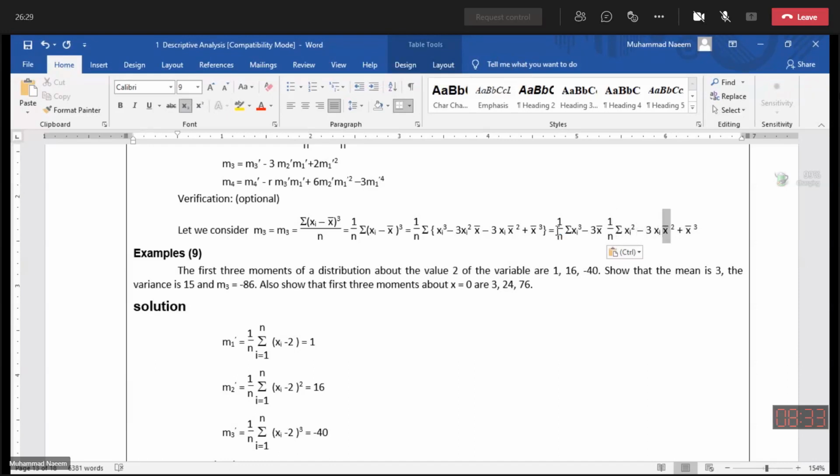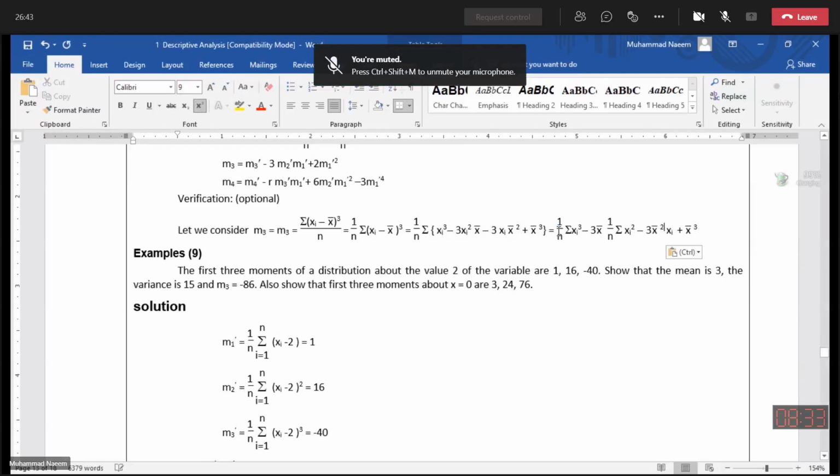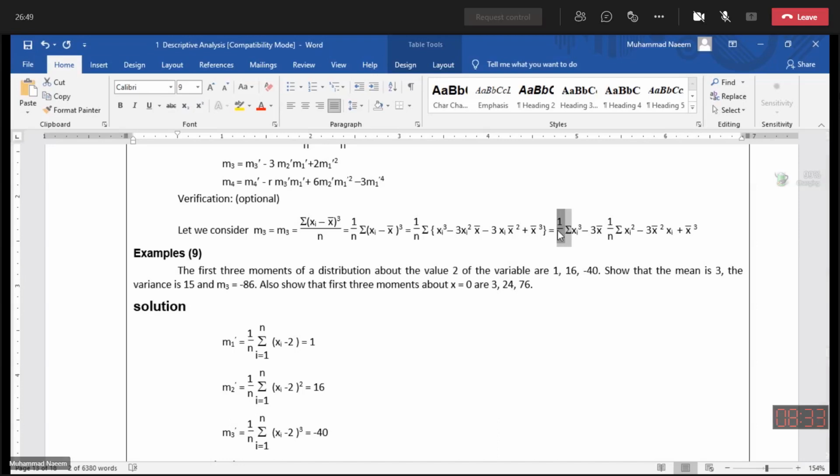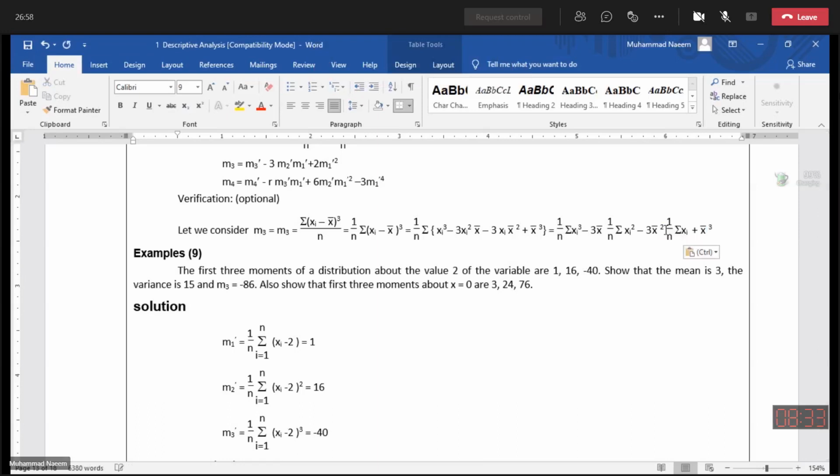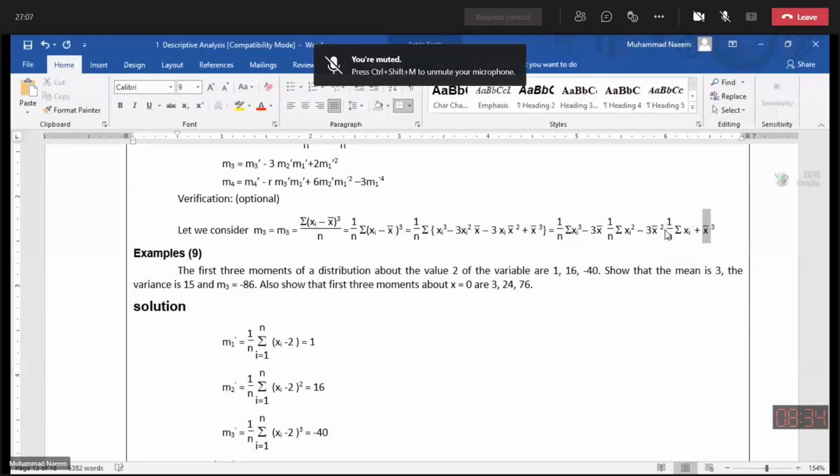Again, in this case, x bar square is constant, so we take it outside and we apply sigma to the rest of the term and dividing by n. Similarly, in the last term, we have only a constant, so a constant is added, dividing by n.